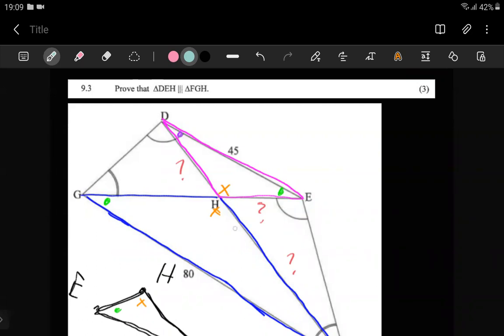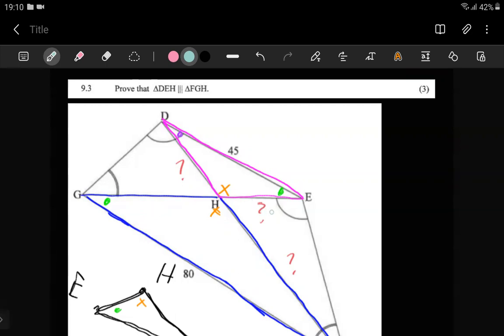So automatically, since the ratio between this 45 and this 80 is just 9/16, it means that for any other pair of sides that go together, the ratio is also going to be 9/16, meaning the ratio between the HE here and the GH here is also going to be 9/16.